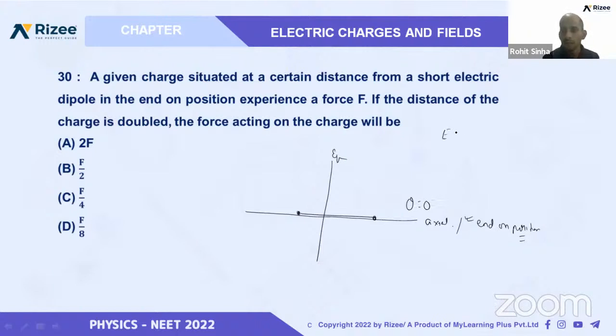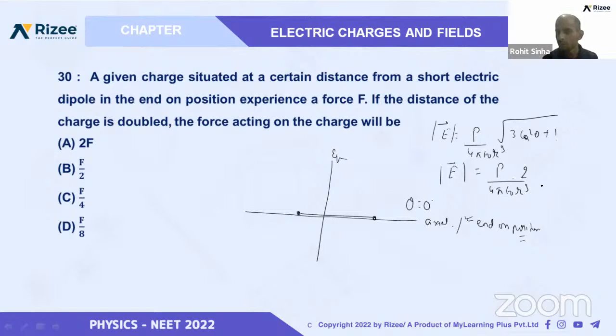And we have studied one formula also. E, the net electric field, is equal to P by 4 pi epsilon naught R cube times root of 3 cos square theta plus 1. When we put theta equal to 0 degrees here, we get P by 4 pi epsilon naught R cube, cos 0 is 1, 3 plus 1 is 4, root 4 means 2.